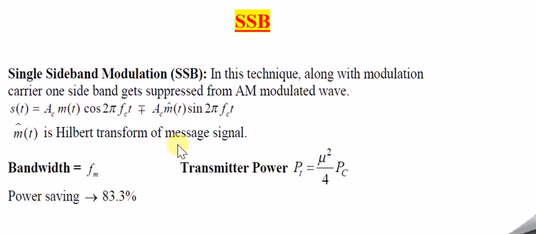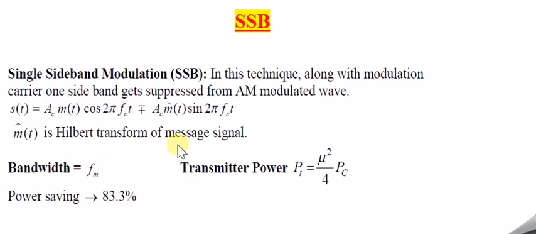So what is the Hilbert transform? It is a linear operator that takes one function and produces another function of a real variable. For example, suppose u of t is the input we give to the Hilbert transform to perform some operation.